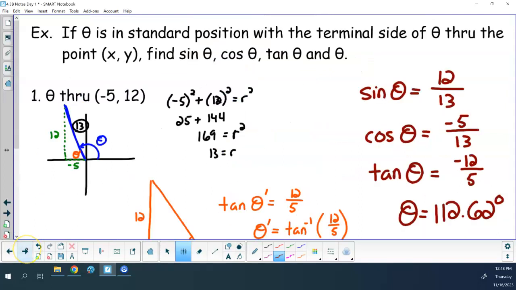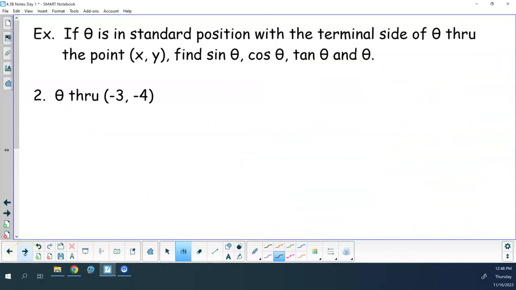With that being said, what I would like you to do now is find me the sine, the cosine, the tangent, and the actual theta of this point. You should have gotten the hypotenuse of your triangle of 5.